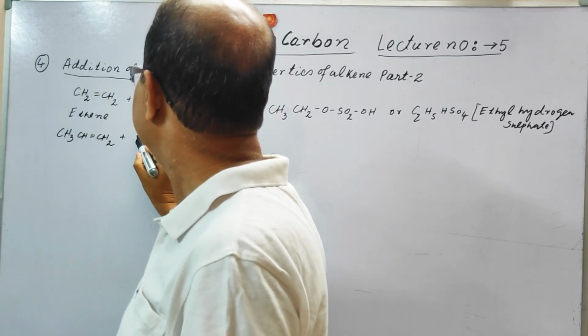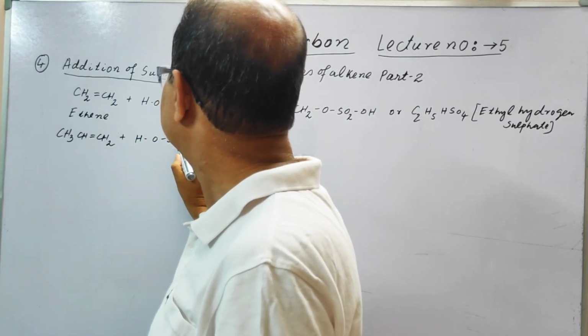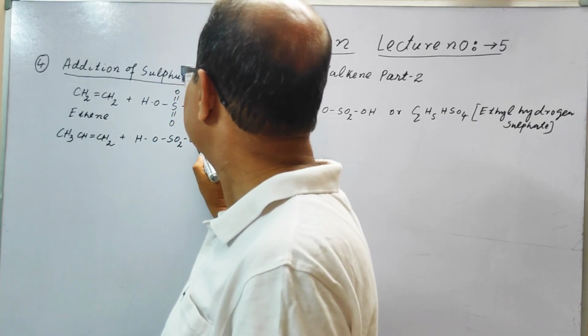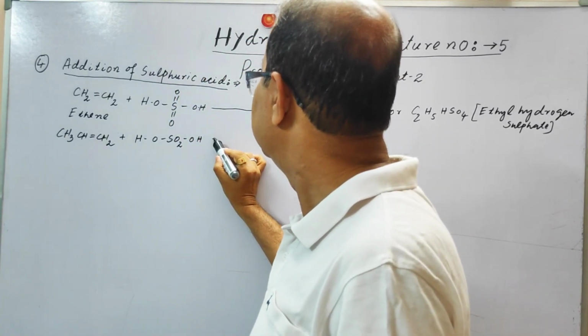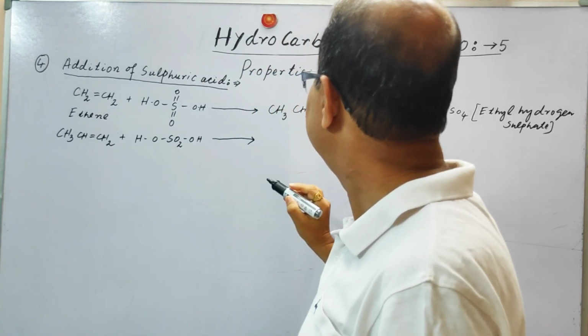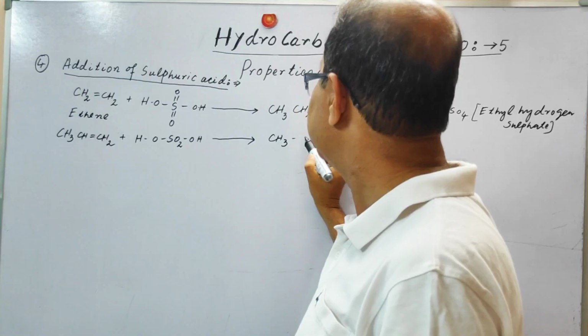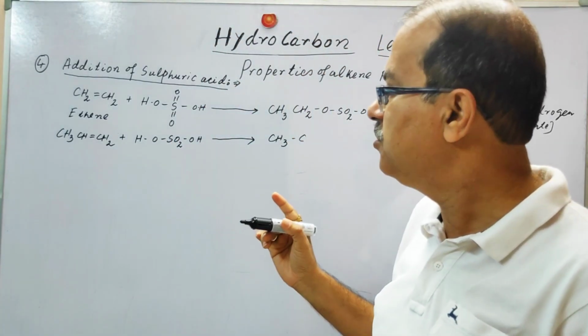Now we are taking another alkene, that is propene. Propene, when reacting with sulfuric acid, is going to produce this. Here you can see this addition reaction is as per the Markovnikov rule.